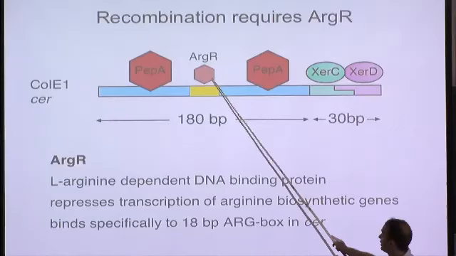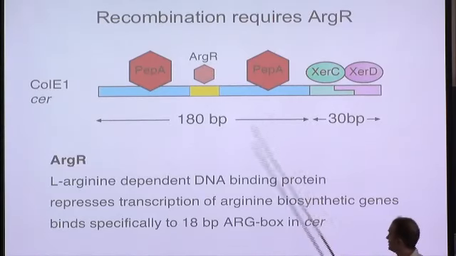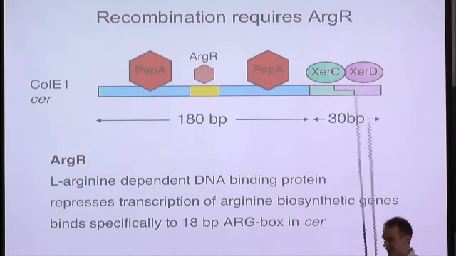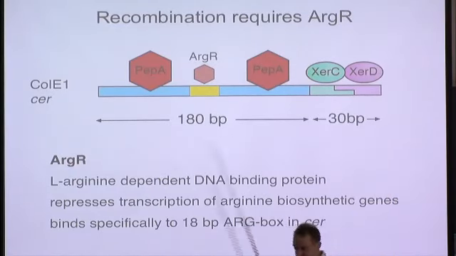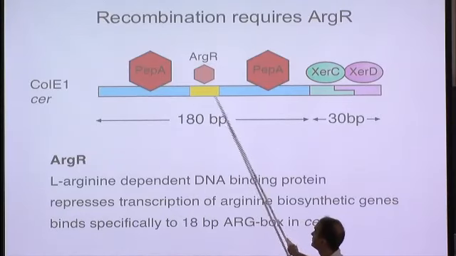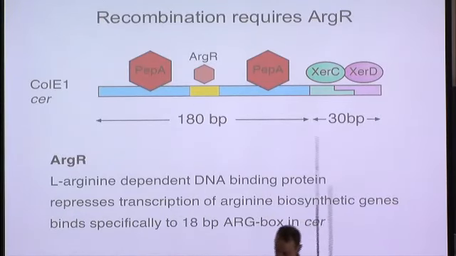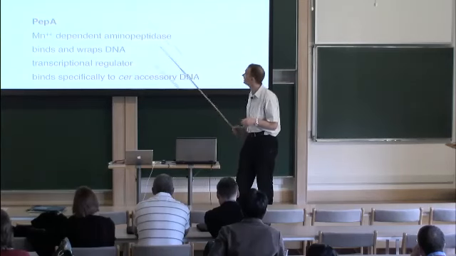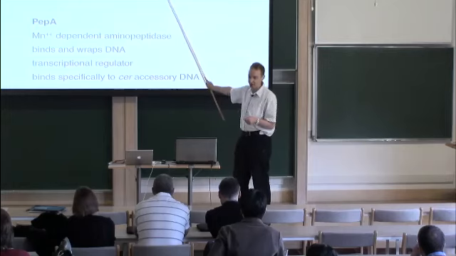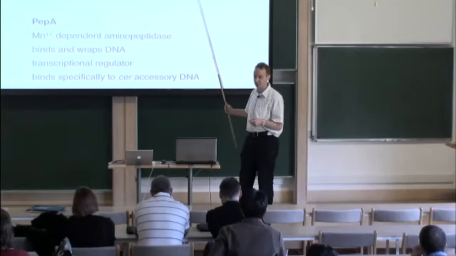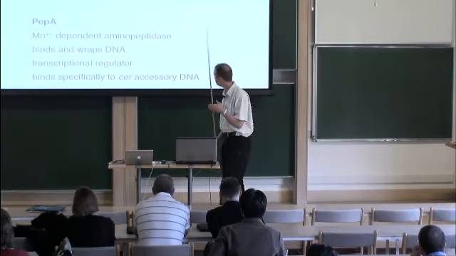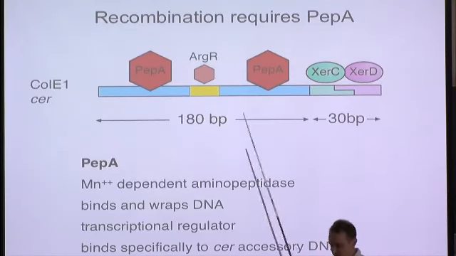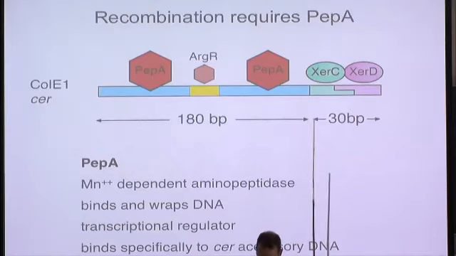They are the ArgR protein, a DNA binding protein that has some other role in the cell regulating gene transcription, but it binds specifically to an 18 base pair sequence in the Xer accessory sequences. And the other protein involved in this recombination reaction is a large hexameric peptidase protein, PepA, that also just so happens to be another DNA binding protein.